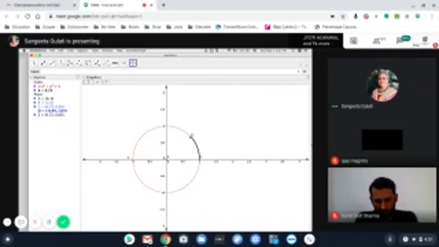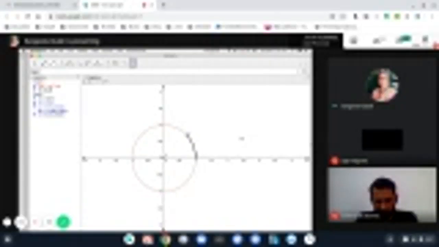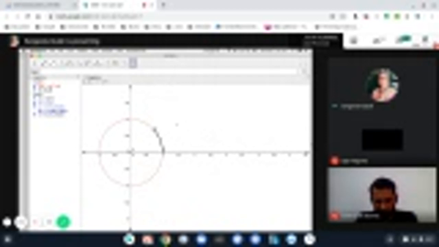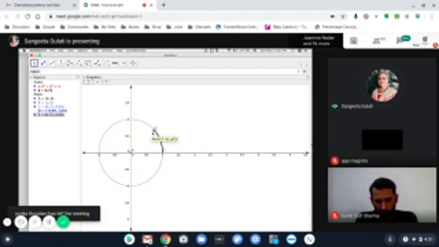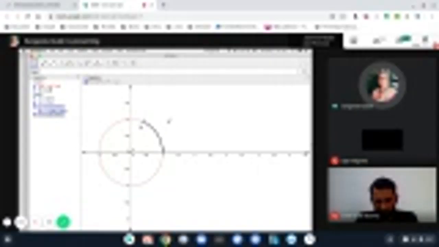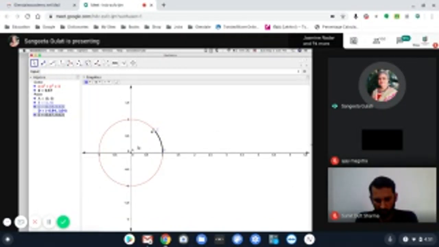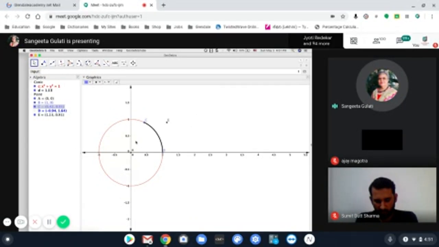Are we able to see that? Keep an eye on the point C, and as I move point C, E is moving, following a certain path. Are we able to recognize that path?